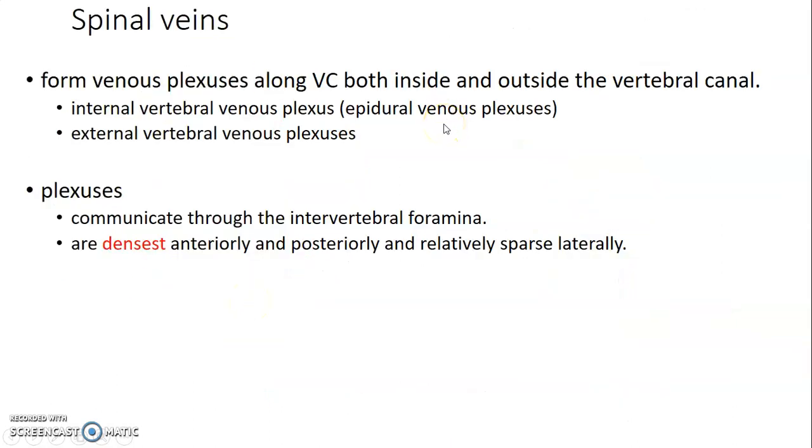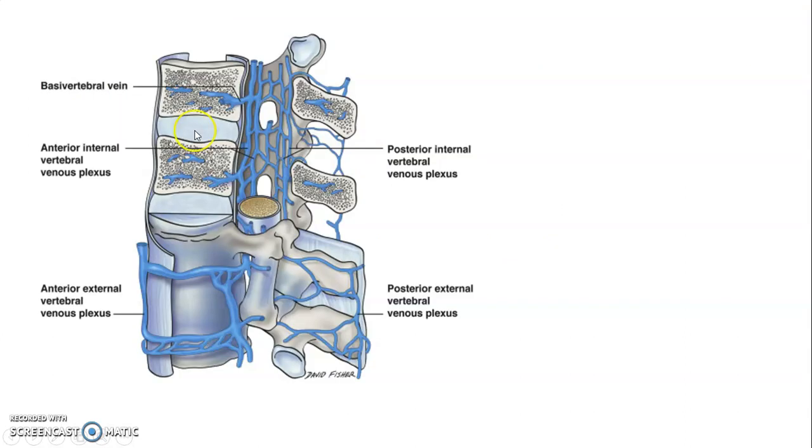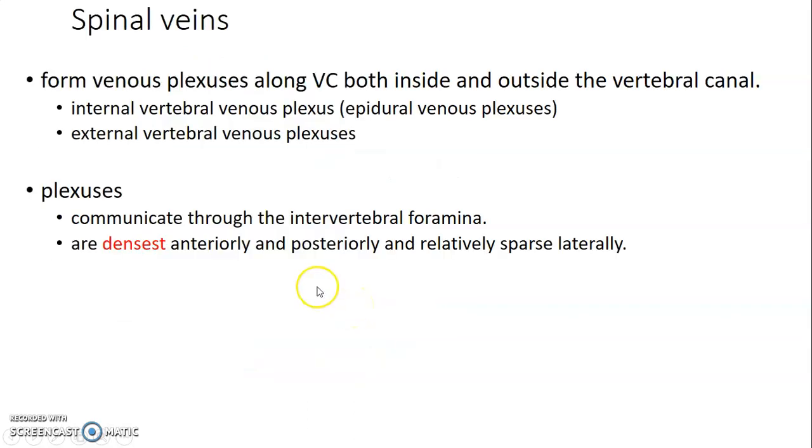Spinal veins will follow the spinal arteries, then they drain into the internal vertebral plexus and external vertebral plexuses. So this just shows you the internal vertebral plexus here and the external vertebral plexus. The vertebral bodies will drain into the internal vertebral plexus, which later drains into the external vertebral plexuses.